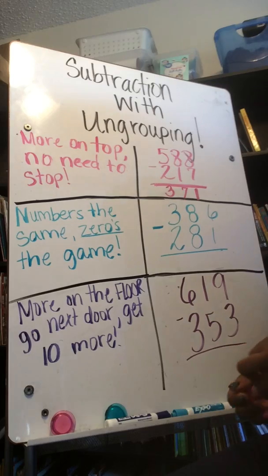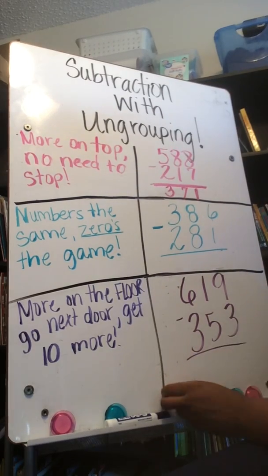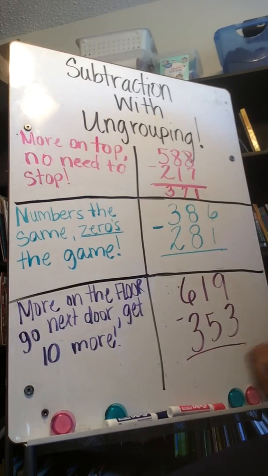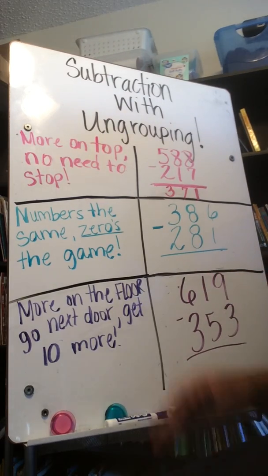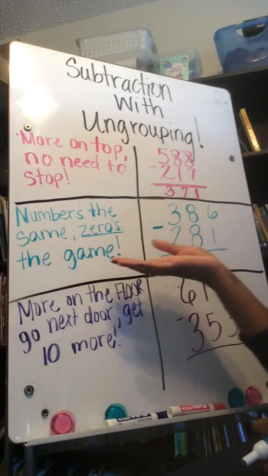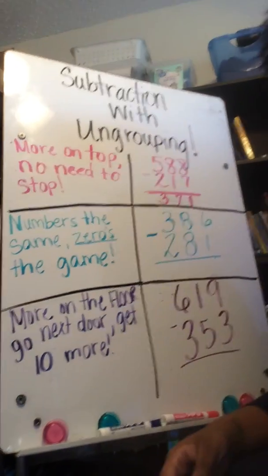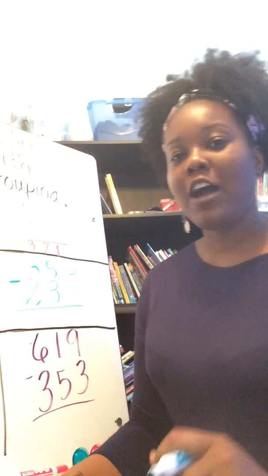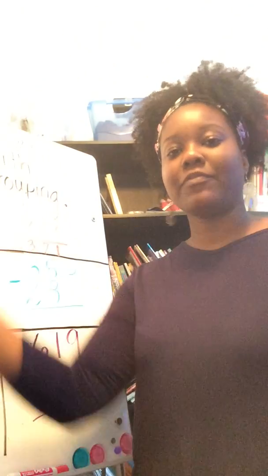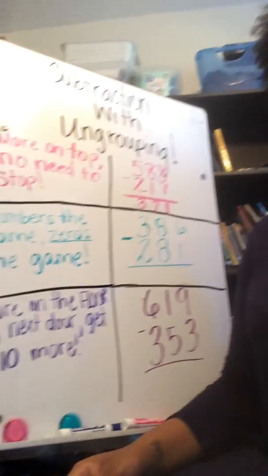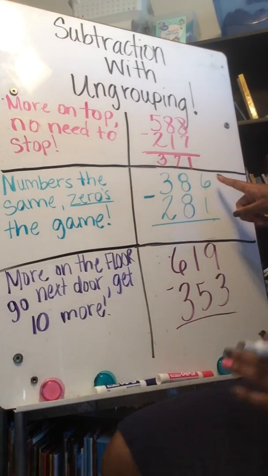Now we're going to move to the next part. This one I like a lot, just because the kids get really into it as well. This one says, numbers the same, zeros the game. So when I teach that one, I have them go, numbers the same, zeros the game. So we start in our ones place.